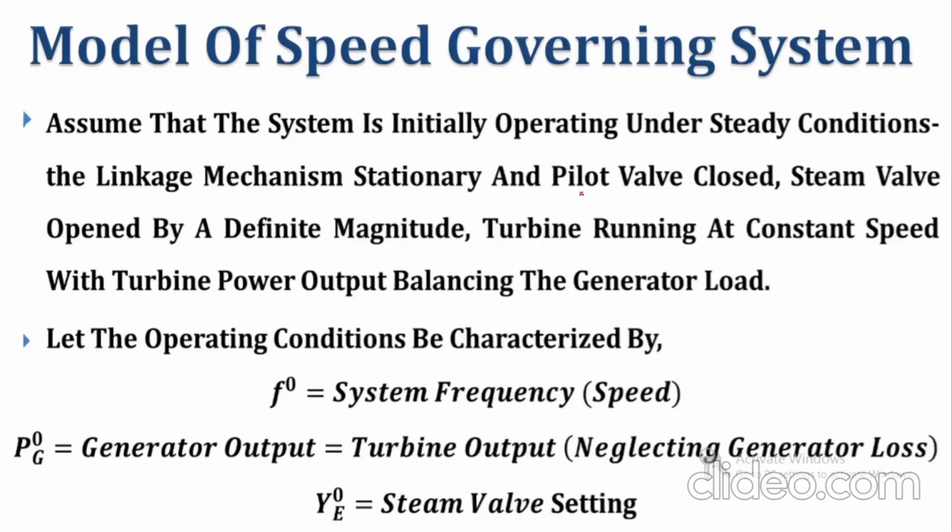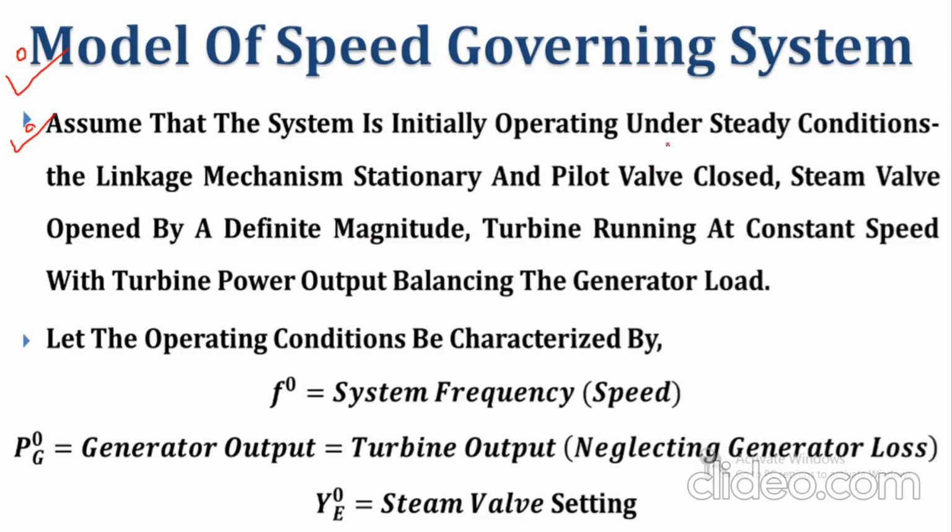Now let's move towards the second point, that is the mathematical model of the speed governing system. We are trying to derive the mathematical model for this speed governing system. For that, assume that the system is initially operating under steady condition. Steady condition means the change in demand is slow and steady.